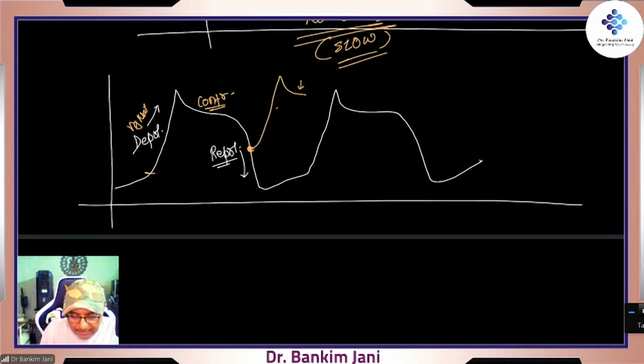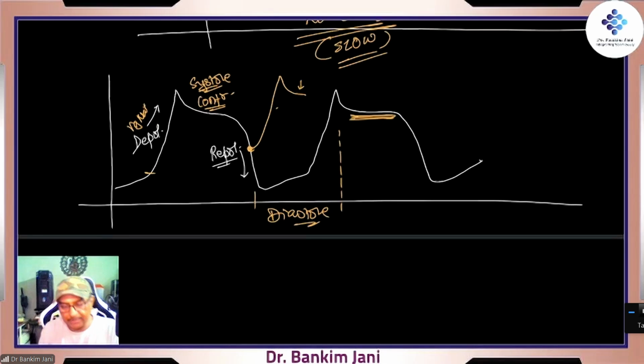When the heart is relaxing, over here it is into relaxation. In fact, up to this point contraction is occurring. So anything before contraction, think of it as diastole. Over here, when it is contraction, can we say this is systole, and the rest of the phase is diastole? Correct?